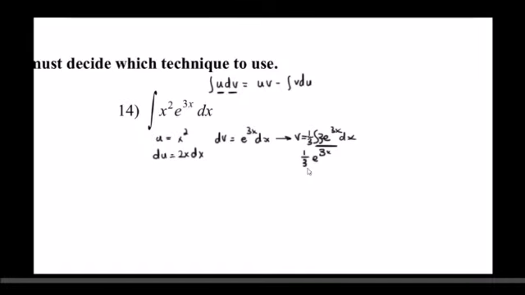We've got our value for dv. We have our values for u and du here.